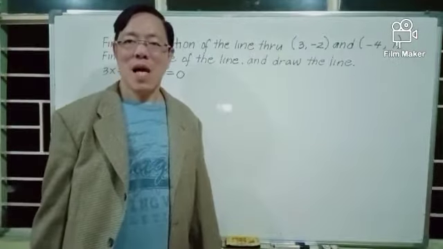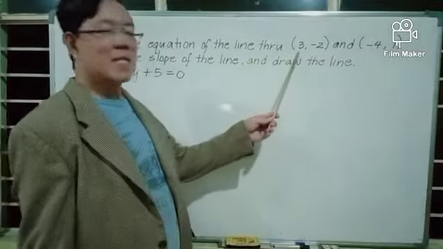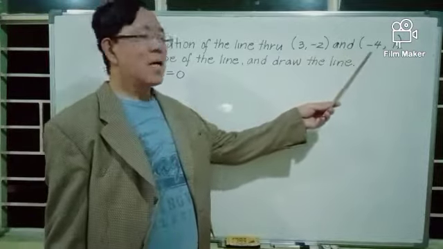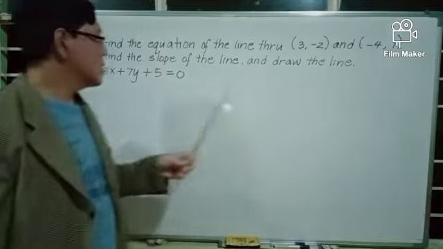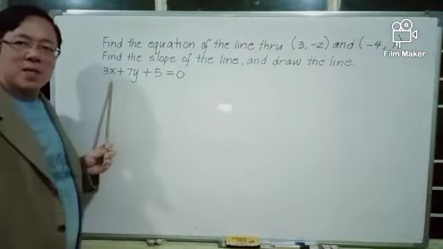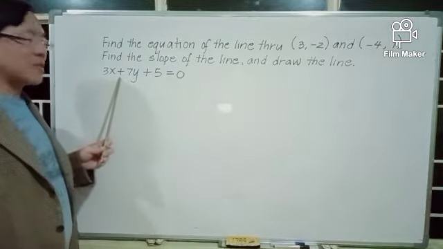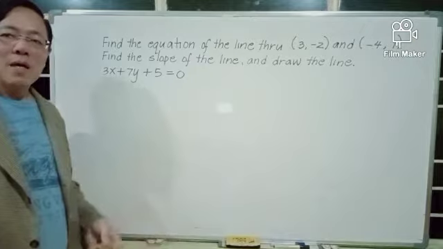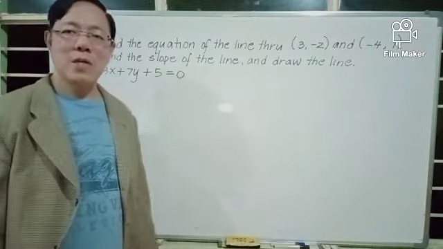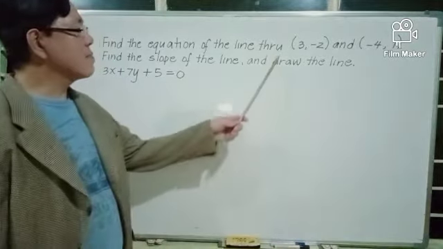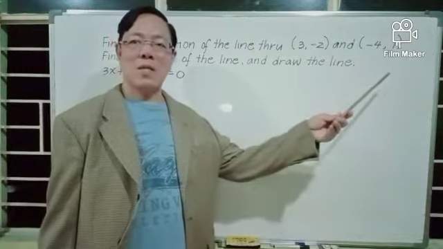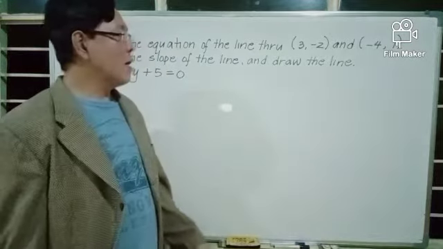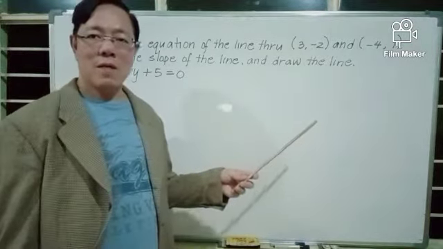We now draw the line passing through the points (3, -2) and (-4, 1), whose equation we have shown is 3x plus 7y plus 5 equals 0. Again, as I said earlier, you can draw the line by plotting these points in the Cartesian plane and connecting them with a straight line.